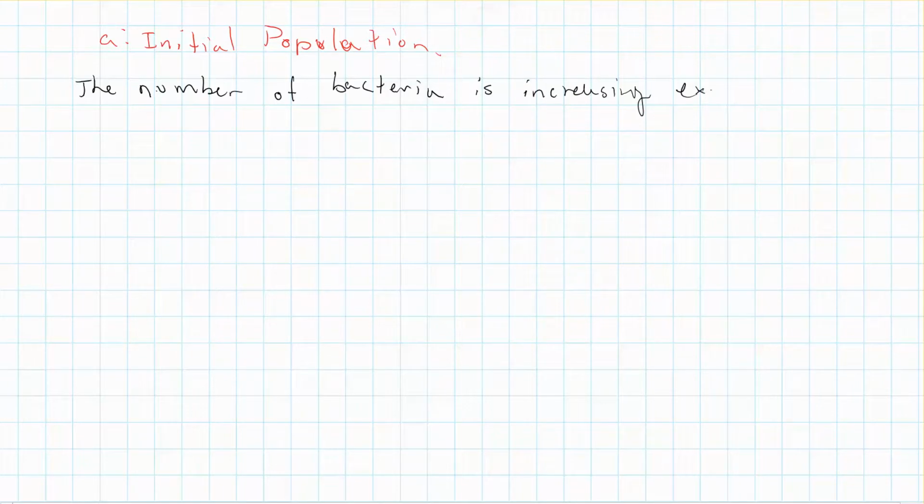And the reason we're saying we have that sentence here where it's increasing exponentially is it's not necessarily guaranteed that it would be. It could be increasing linearly, which would be a straight line. And so you have to know, just because we're modeling bacteria doesn't mean it's an exponential function. So we have to know that it's an exponential growth here. So it's increasing exponentially.